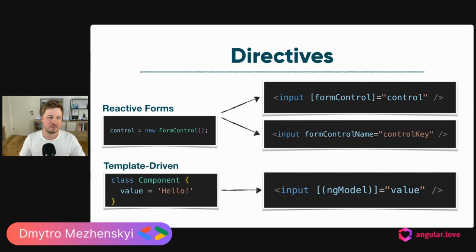For template-driven forms, we have another, more magical approach. We have some property of a component, and we provide it as a value for ngModel, which uses two-way data binding in order to magically connect the class property with the value of the form and vice versa. Here you might ask: it is very clear in reactive forms that we use this FormControl model explicitly, but in template-driven forms, we don't see the usage of it.